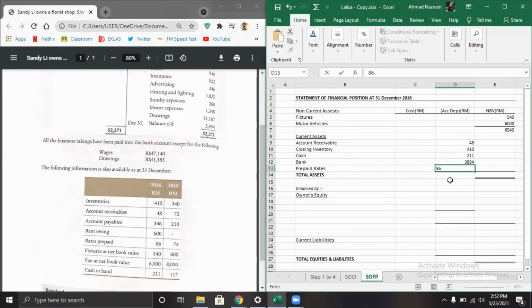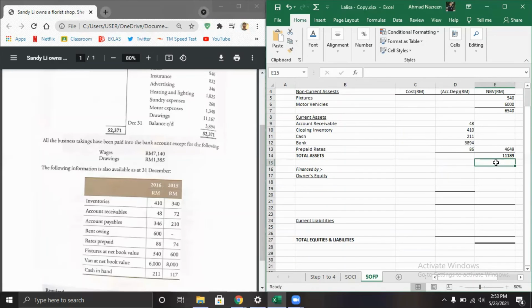The total will be 4,649. So total asset is non-current asset plus total current asset. So we get here 11,189.